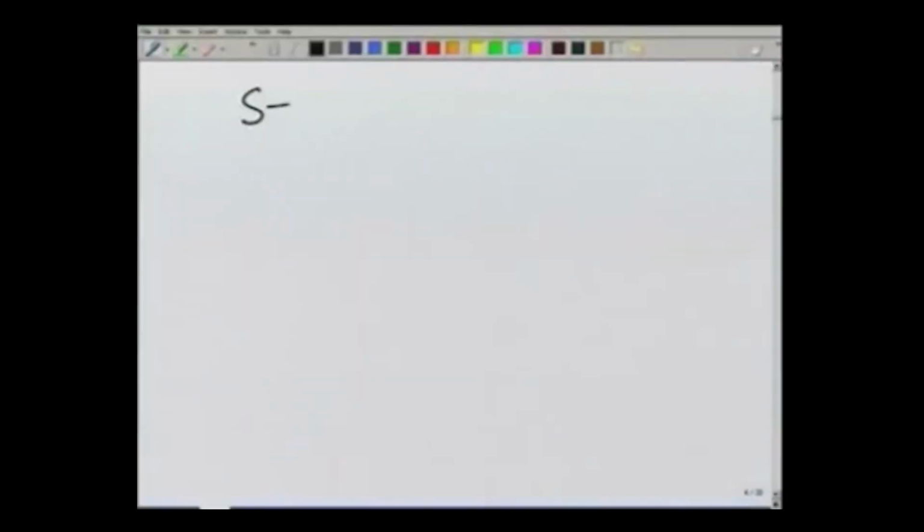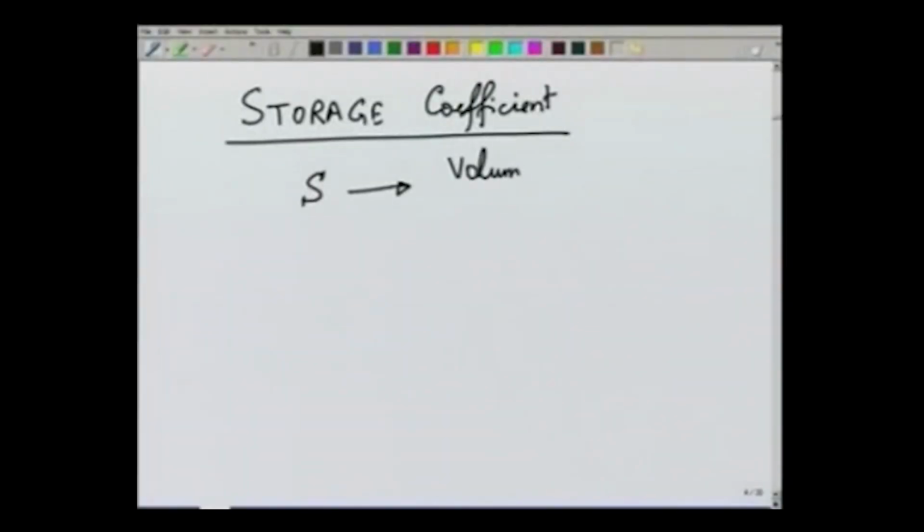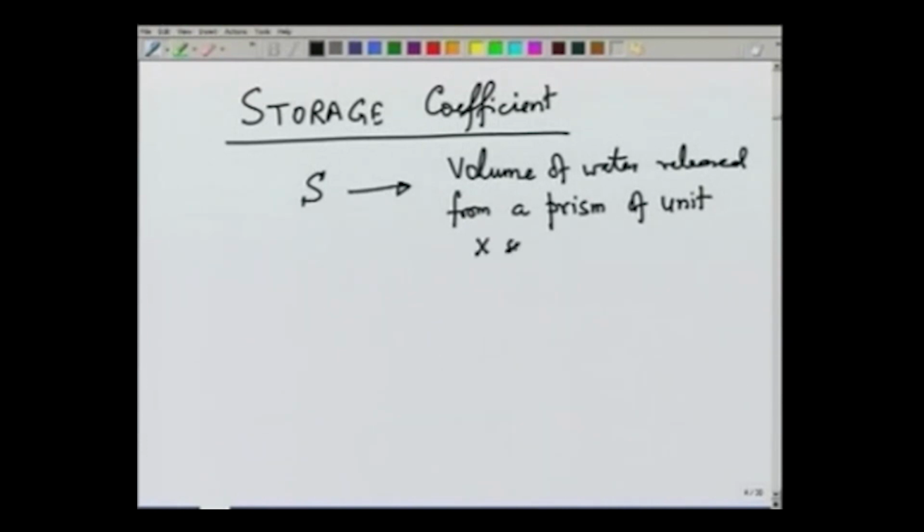So, let us define a term which is known as the storage coefficient, typically denoted by S. S is the volume of water released from the formation from a prism of unit cross section area with unit drop of piezometric head.